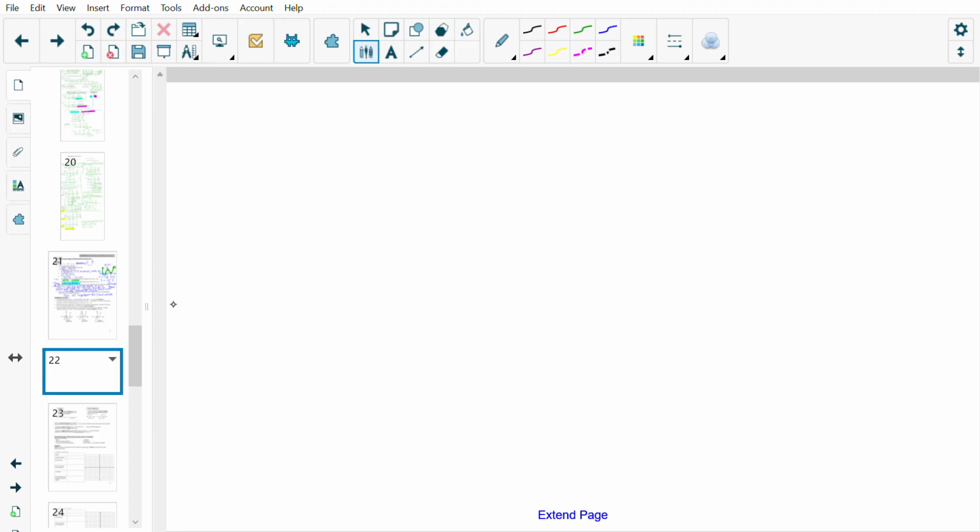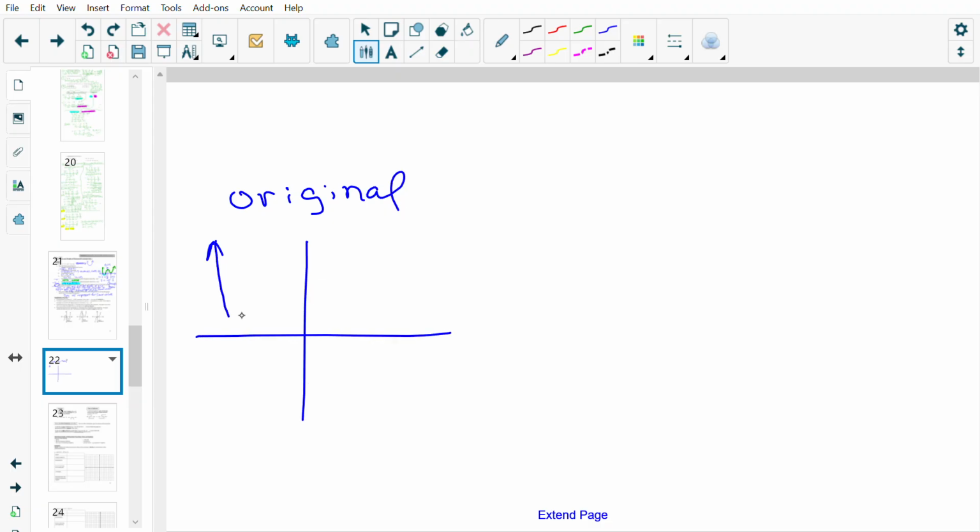I don't want to leave it at just read the words and figure it out, okay? So remember, this is the original. Okay, we have this, and then it bounces, right? This is negative 3.